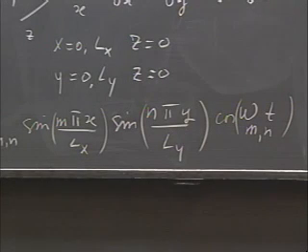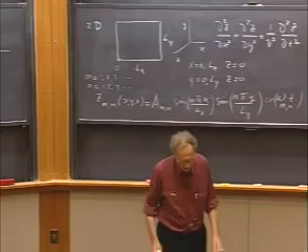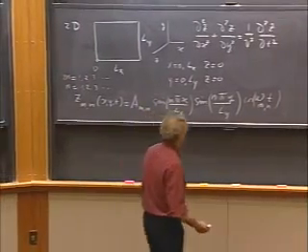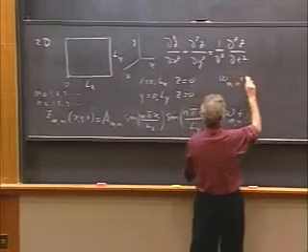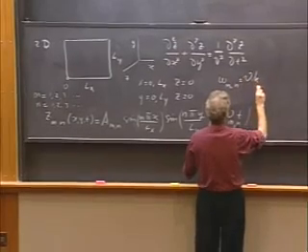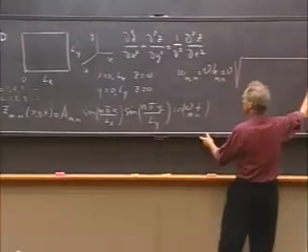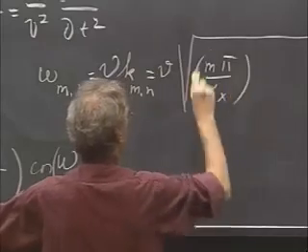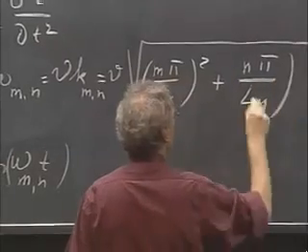And if you substitute this solution, of which we clearly, intuitively know it has to be correct, in that wave equation, then you get the connection between the k values and omega, and then you will find that omega mn, which is always the velocity times k value, becomes now v times the square root of Mary pi divided by Lx squared plus Nancy pi divided by Ly squared.